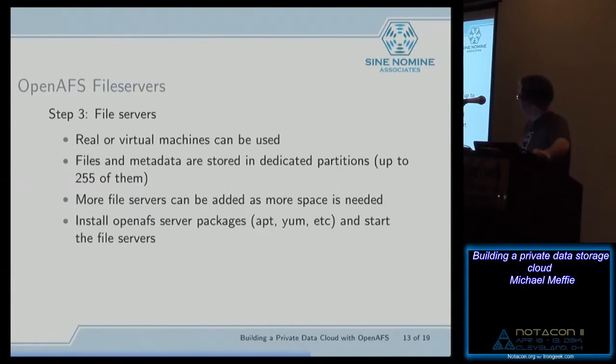You can add more partitions, and over time, if you need more space, you can add more servers. AFS is designed to scale out horizontally. Since we have that volume location database, you don't have to reconfigure clients when you add more servers. They automatically pick up where the new servers are.